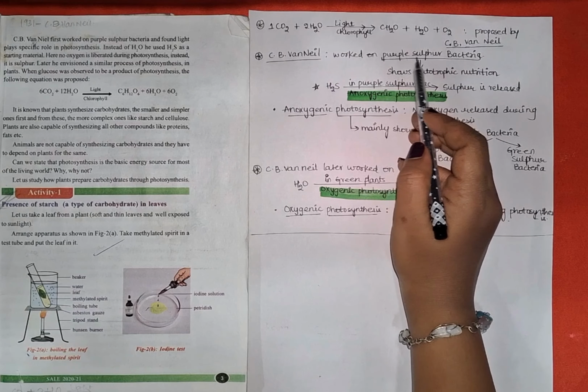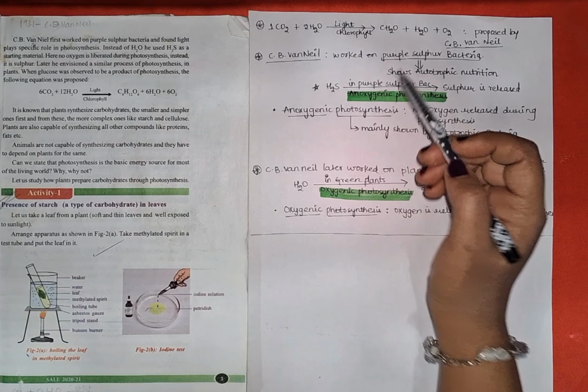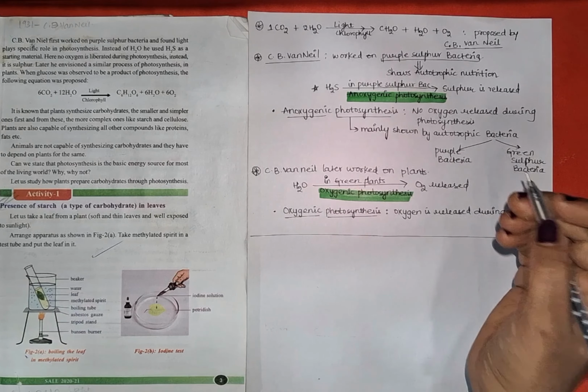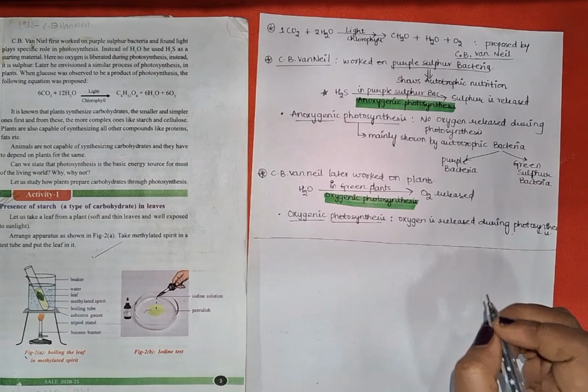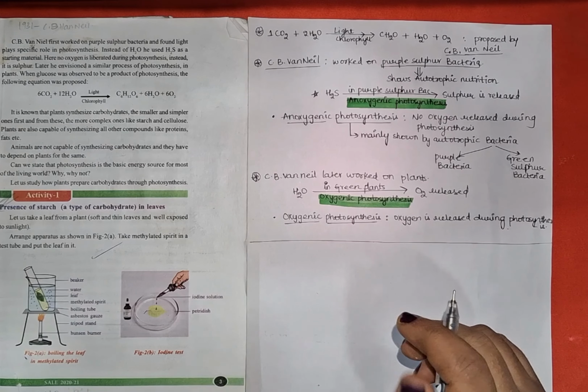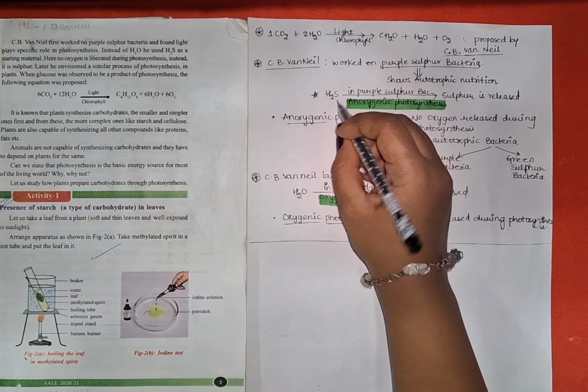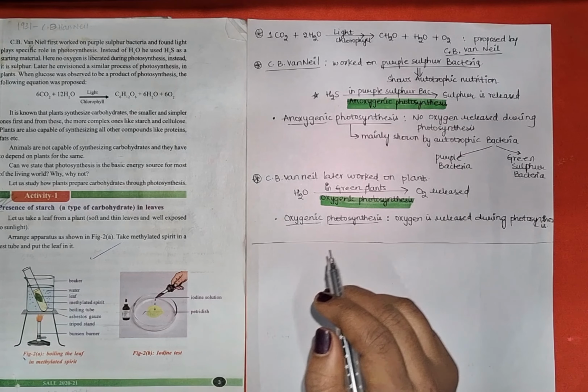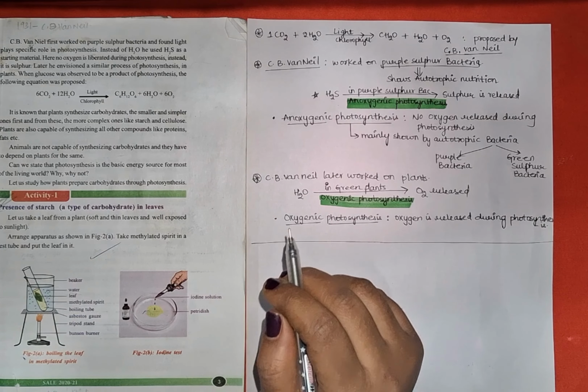Here the purple sulfur bacteria, which is a type of bacteria that shows autotrophic nutrition, mainly shows the chemosynthetic type of nutrition, and that bacteria takes the H2S gas and releases the sulfur from the H2S gas, and that is a type of anoxygenic photosynthesis.